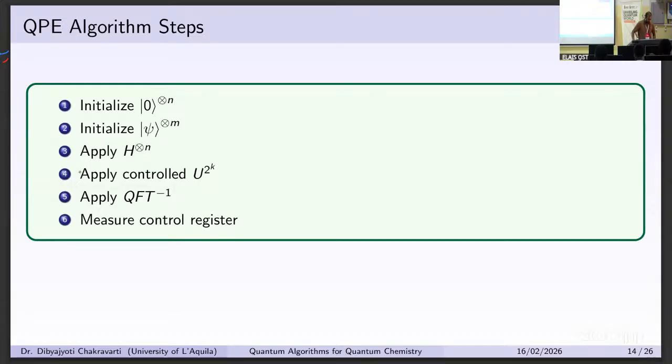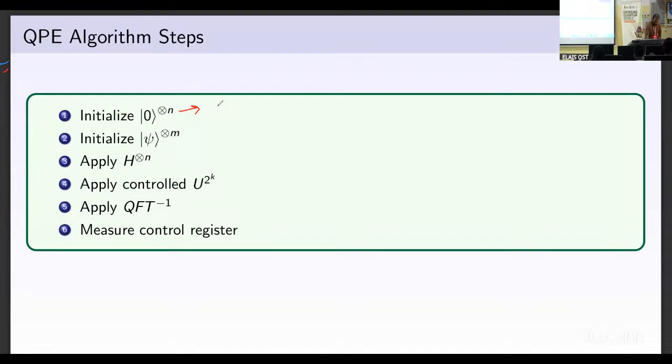So we need some ancilla qubits, whose number n defines the precision of the eigenvalue, the precision of omega.